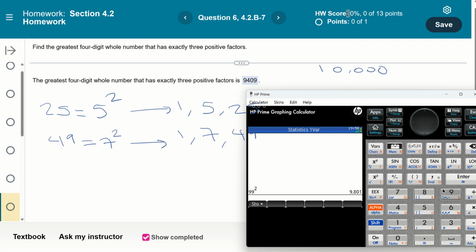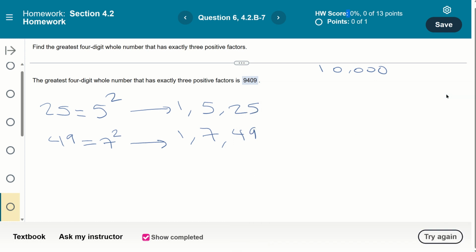So 97 seems to be our best candidate. Because notice, if you take 97 and square it, you get 9409. So that's why this is the largest 4-digit whole number that has exactly 3 factors.